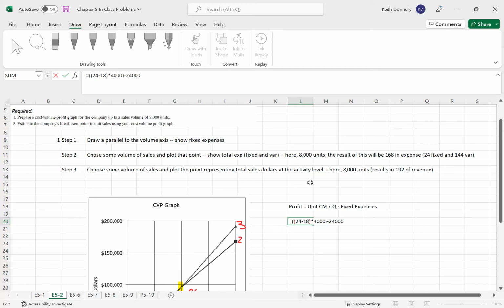This is just an example, showing you it in graph form, and then using an equation to help us determine the break-even point. Obviously, there are the equations that are the true break-even point, but this is just an alternative way of calculating it, getting you to the same end result where your profit's going to be 0, right?